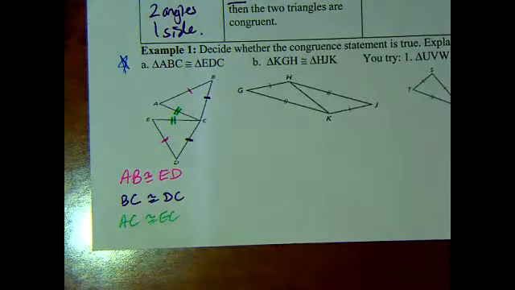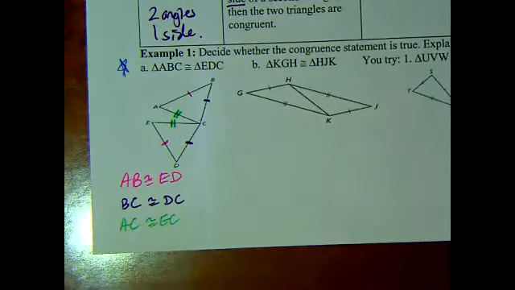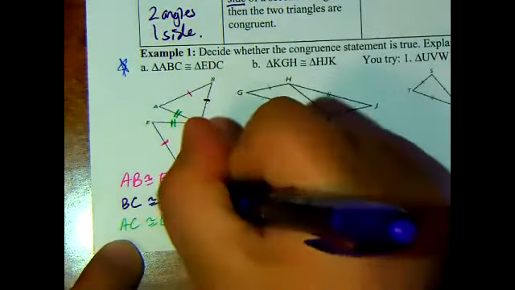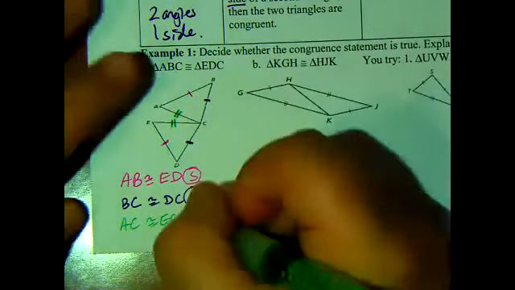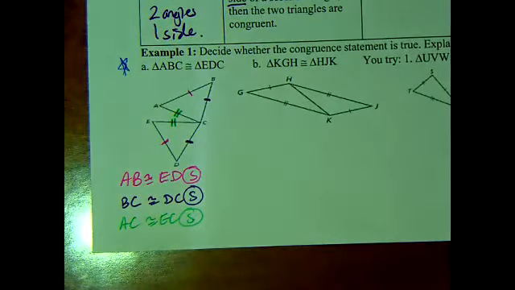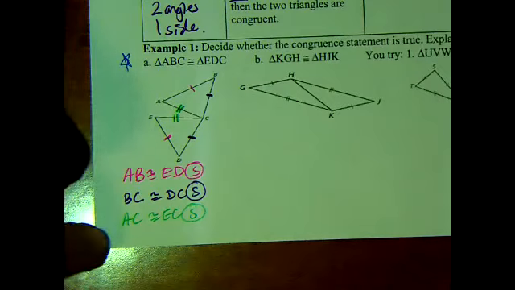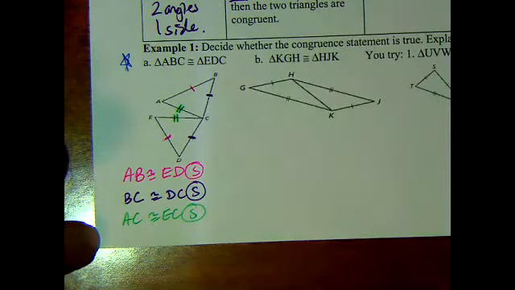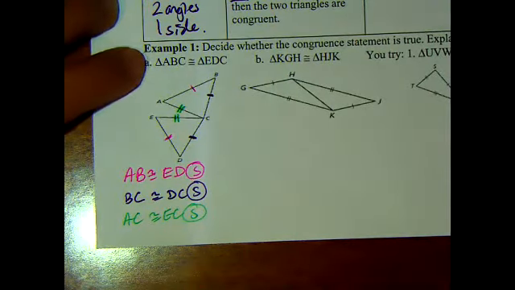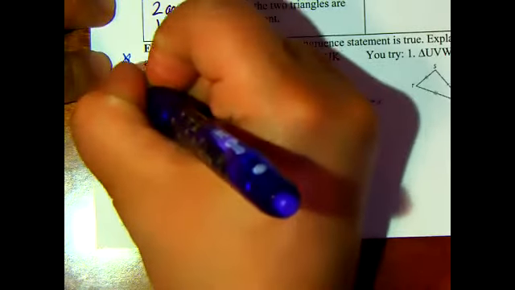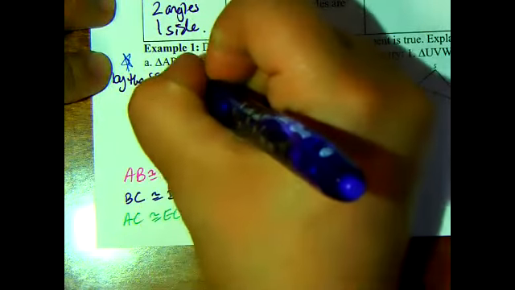So I have three pairs of congruent sides. So my decision here is that yes, the congruent statement is true because of the side, side, side congruence theorem. So I can say up here, triangle ABC is congruent to triangle EDC by the side, side, side theorem.